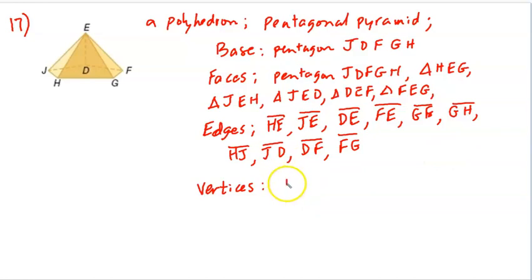They don't have to be in alphabetical order, but I'm going to do all of the pentagon first together. J, D, F, G, H, and then we'll put E. That's a G there. Okay, so that's it.